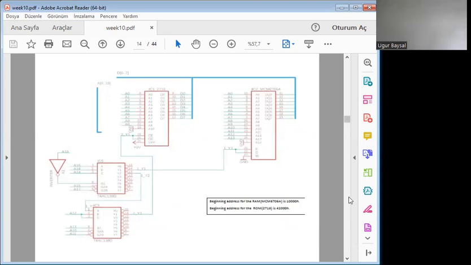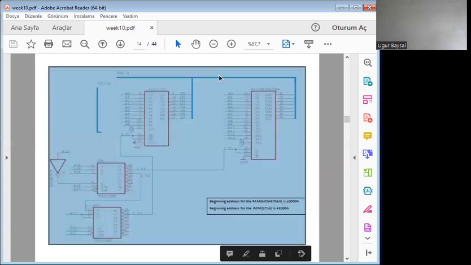This is the circuit schematic drawn with professional software to draw certain electronic or logic circuits. The same circuit with a conventional, more professional look.